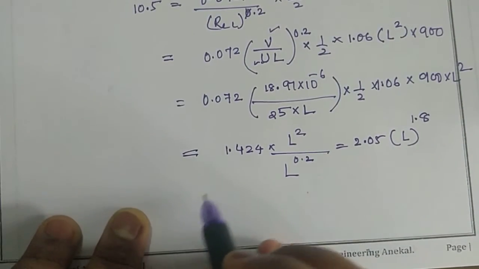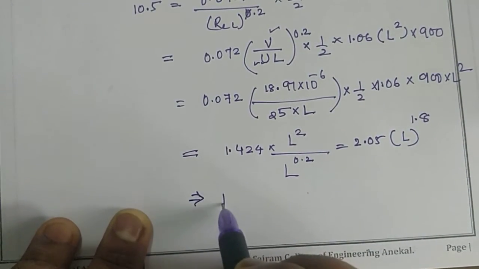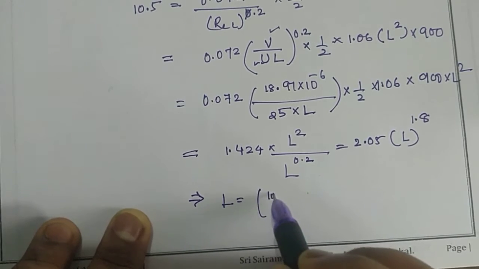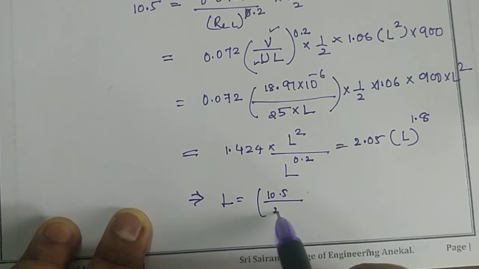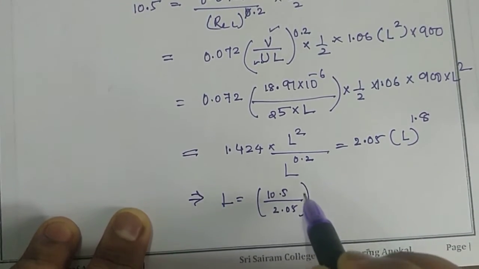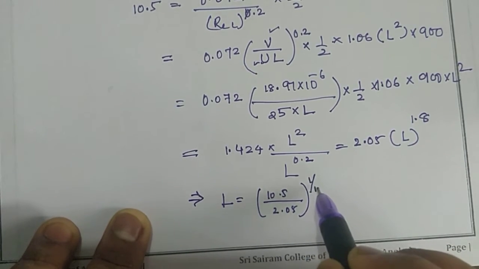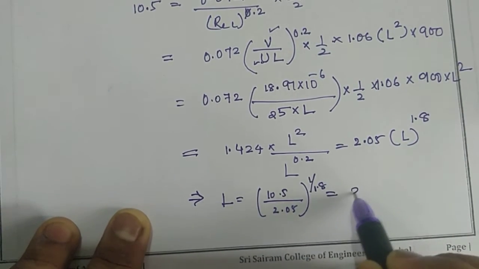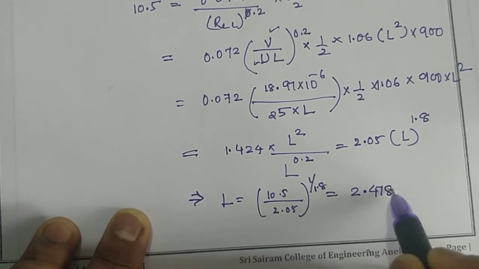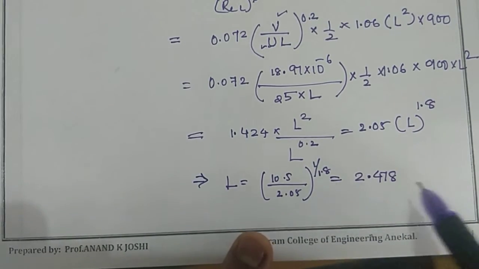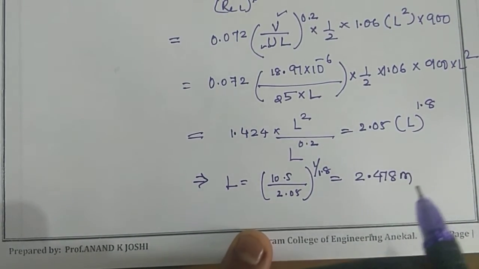So finally L is equal to 10.5 by 2.05, whole to the power of 1 divided by 1.8, that becomes 2.478 meter.